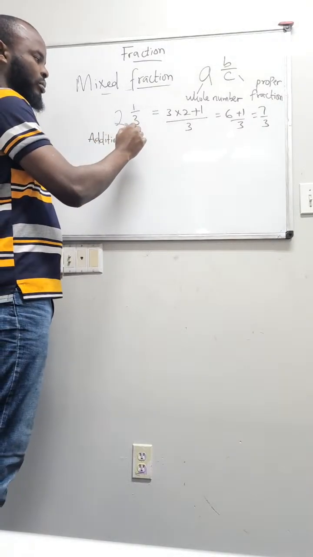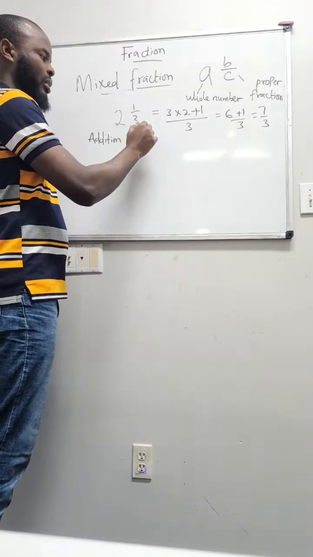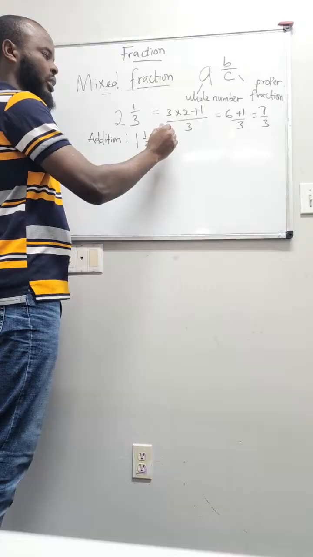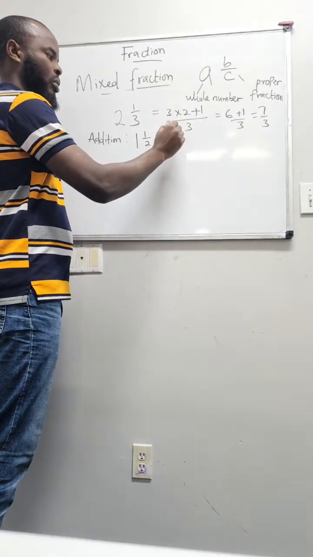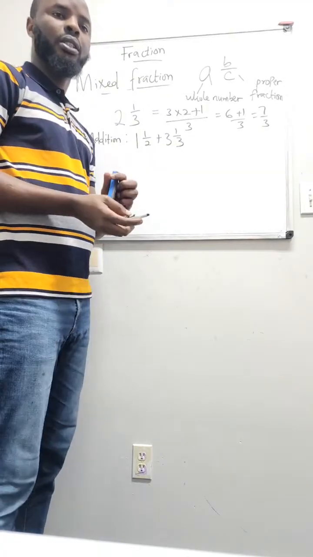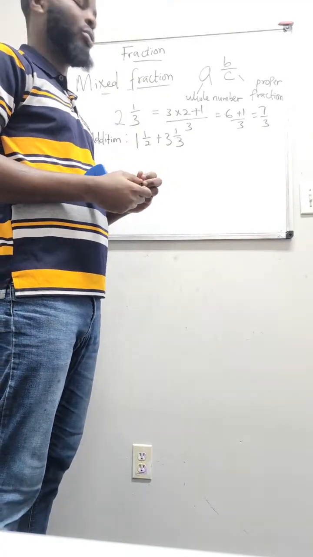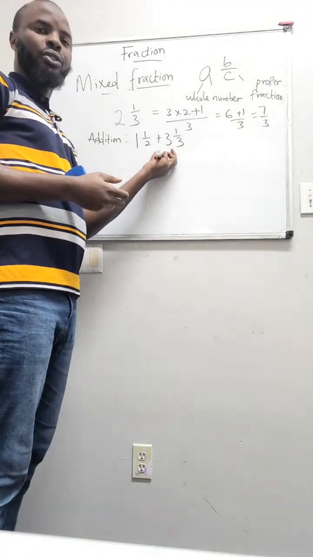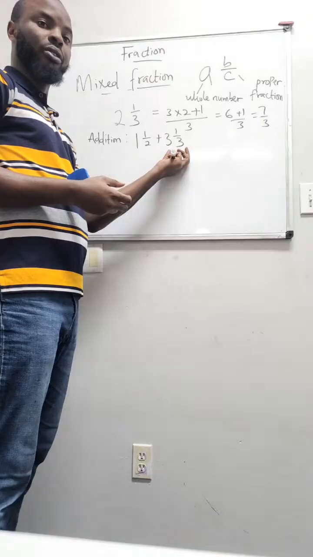Here we have one whole number 1 over 2 plus 3 whole number 1 over 3. How do we do this? To do this, the first thing you have to do is to convert this mixed fraction to an improper fraction.